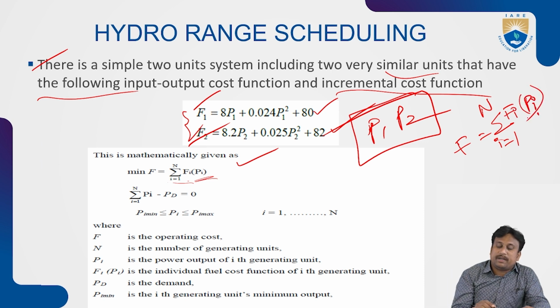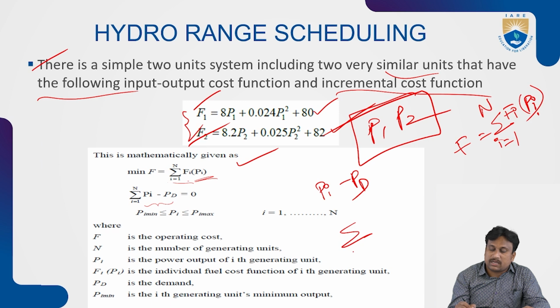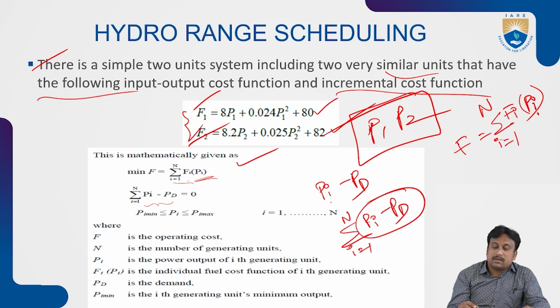And this may be treated as a difference of these two parameters, that is Pi minus Pd, which is summation i equals 1 to n of Pi minus Pd, where this difference is treated against the function Fi of Pi.